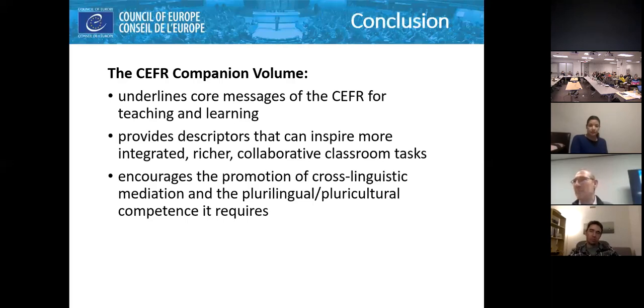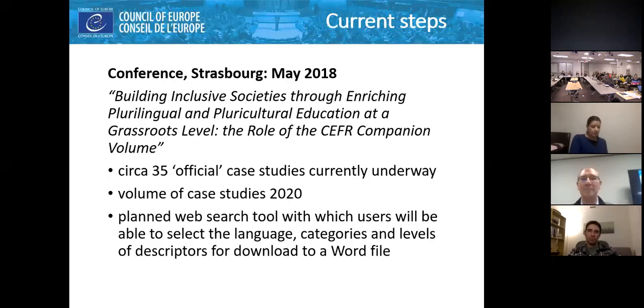And maybe the texts are in German, but we're going to actually produce an artifact in French. And this encourages the promotion of cross-linguistic mediation of this type and the plurilingual, pluricultural competences that it requires.